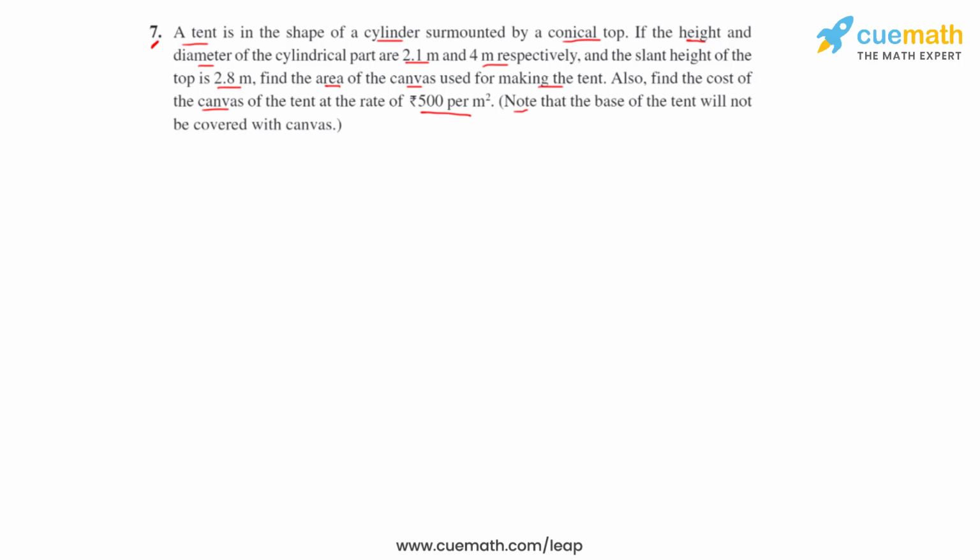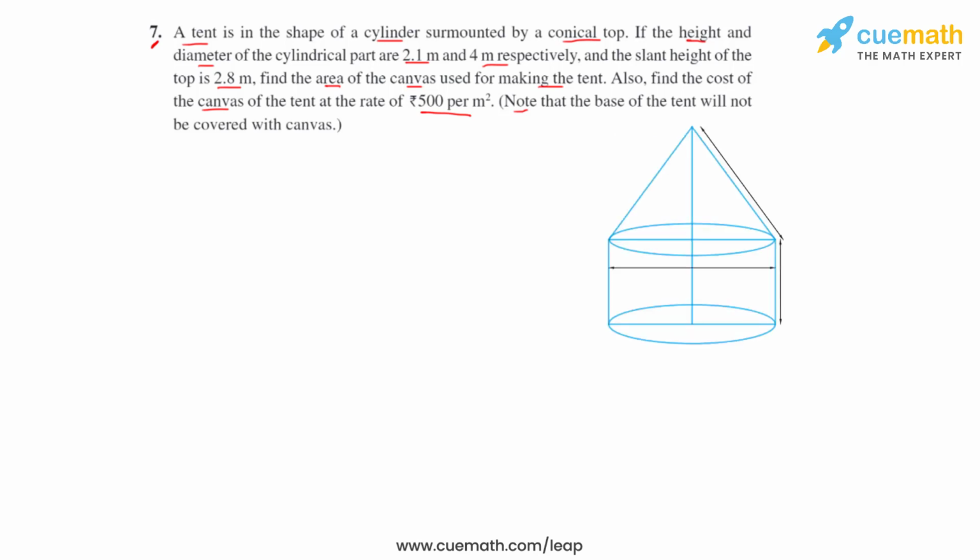canvas. So we can create the figure of the tent as per the given information, and it will look like this. Here we know that the height of the cylindrical part is 2.1 meters. The diameter of the cylindrical part is 4 meters, and the slant height of the conical top is 2.8 meters.